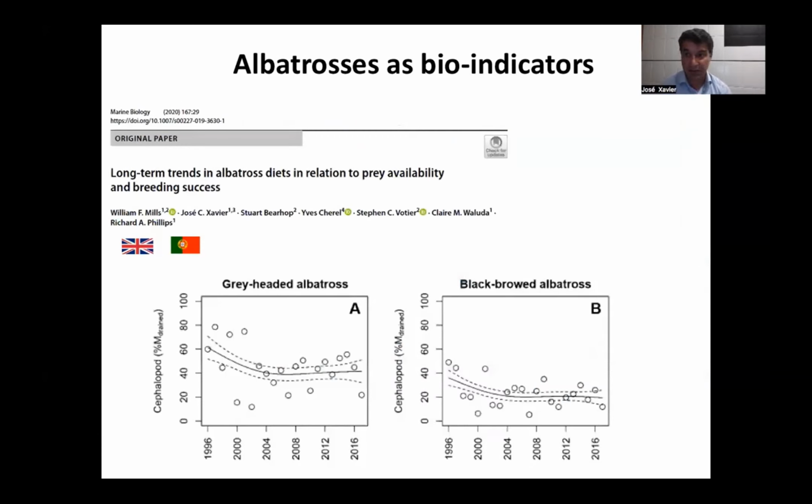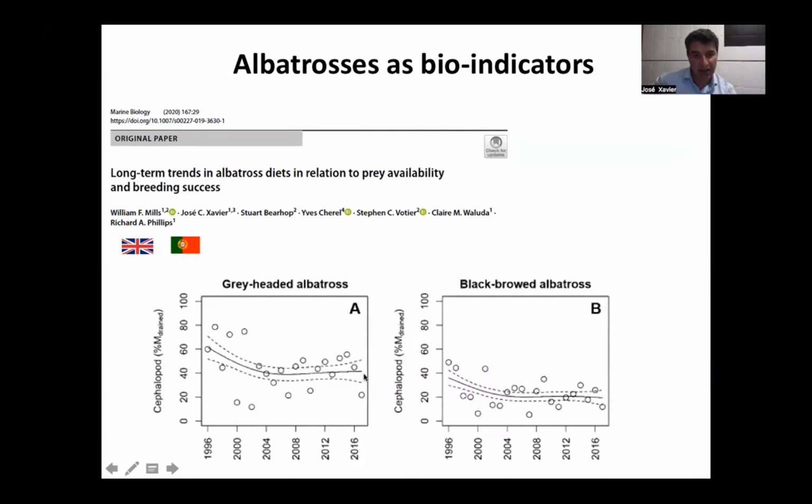When we look at their relevance in terms of availability to predators, this is an example for gray-headed and black-browed albatrosses. It shows, in a period from 1996 to 2016, that, for example, the relevance of cephalopods goes down a little bit, but generally stays very constant.